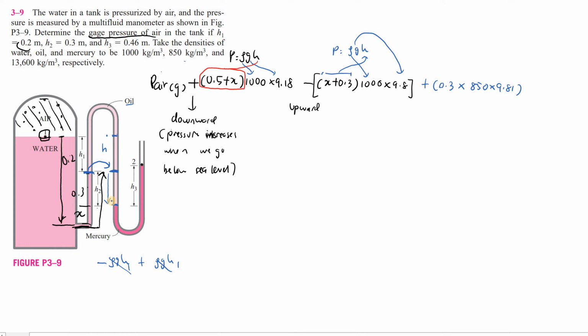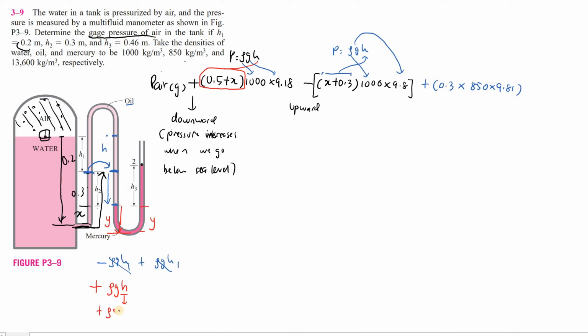Again, if you want to do it one by one, you can as well from this point. You have to travel downward up to this level. We name this distance y. So here is also y. When you travel downward, you go plus rho g h, which in this case is y.